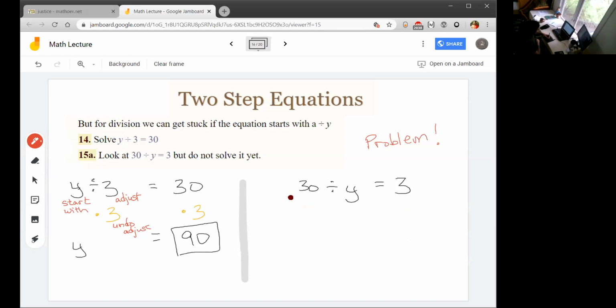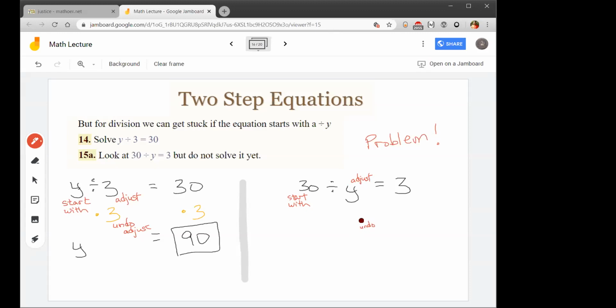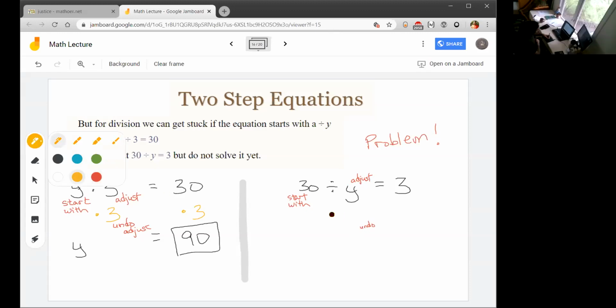We started with 30. We adjusted it with a divided by y. So how do I undo that? Times y. Because the divided by y was what I fiddled with. And that gets my 30 all by itself.